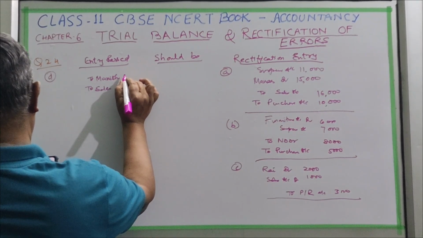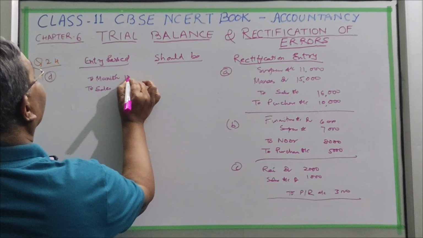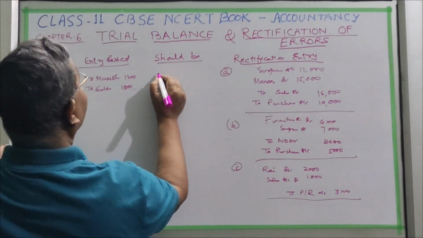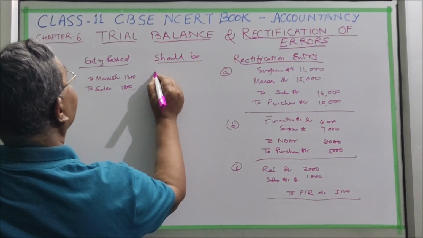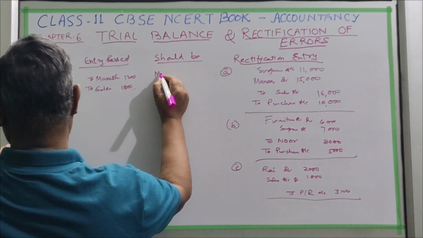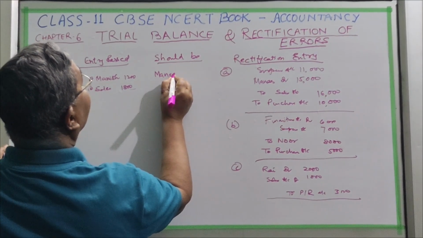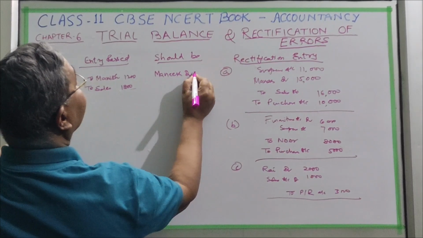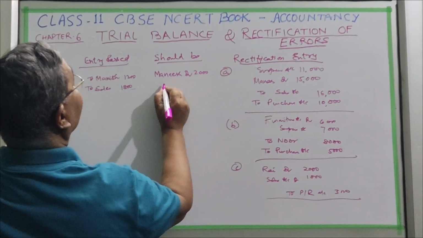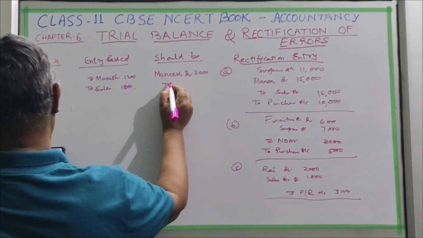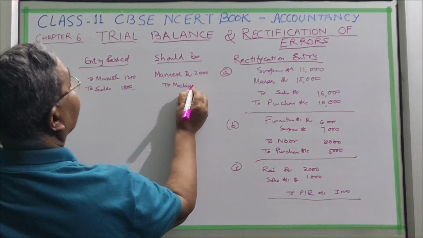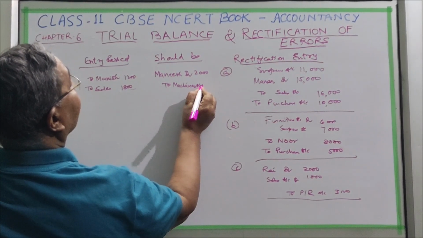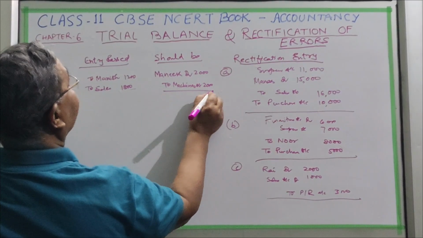And that amount is 1,200 and should have been Manish debit 2,000 to machinery account 2000. This should have been done.